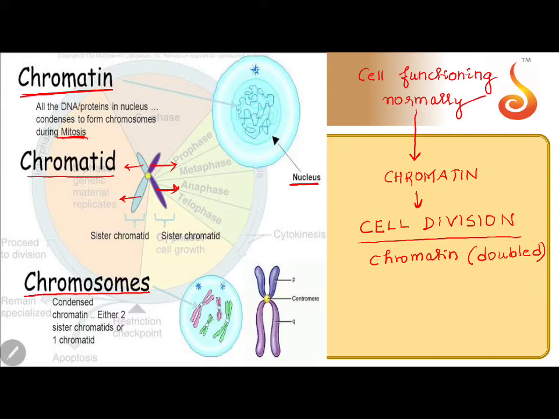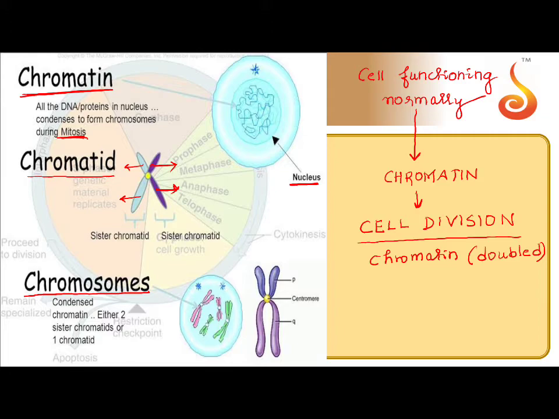It's like I have a 10-page document with me and I want a Xerox of each. So I take one document, I take the Xerox and I pin it together so that I can give it to two people without confusion. The chromatin also does the same.